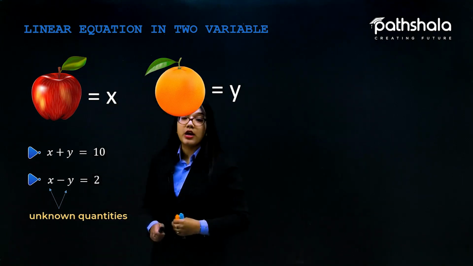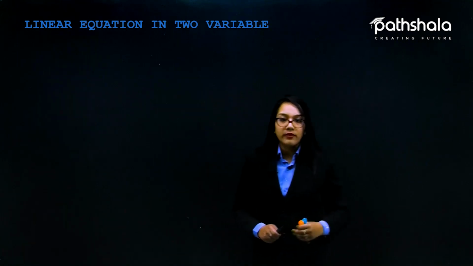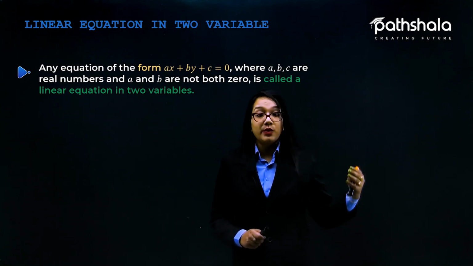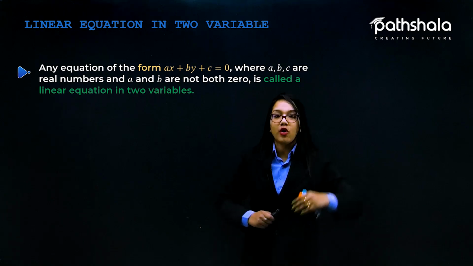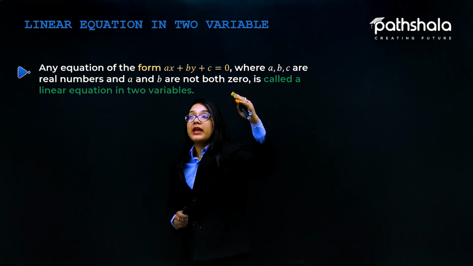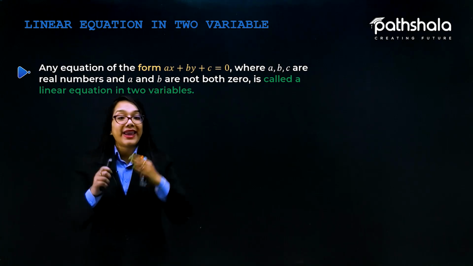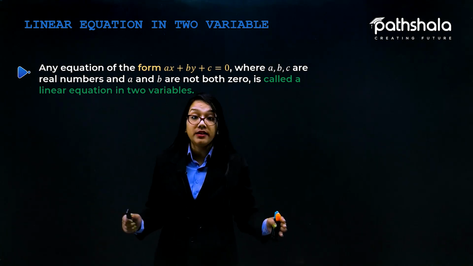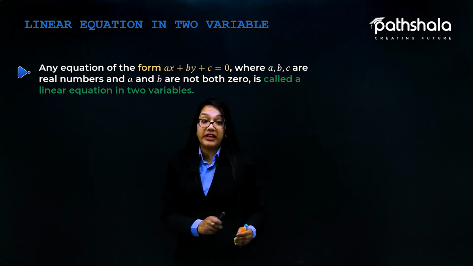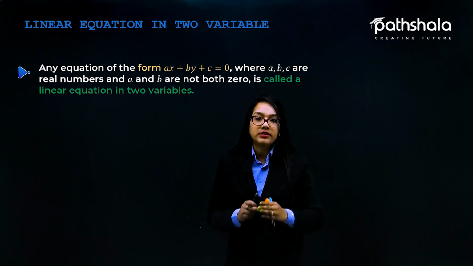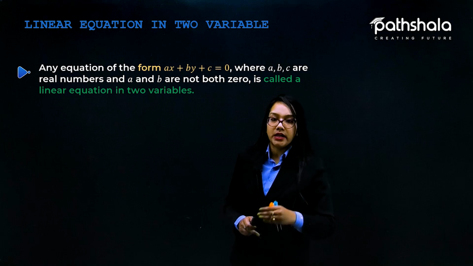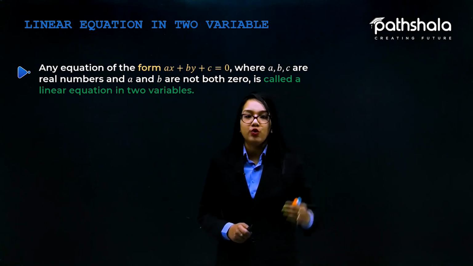So let's start with the definition of a linear equation in two variables in mathematical terms. Any equation of the form ax plus by plus c is equal to 0, where a, b, c are real numbers and a and b are not both 0, is called a linear equation in two variables.